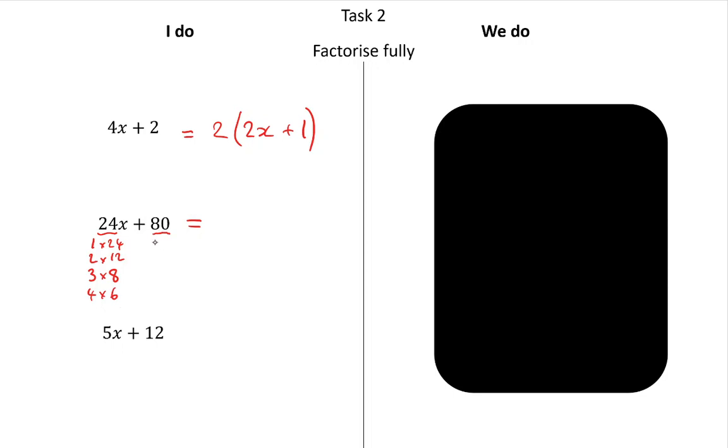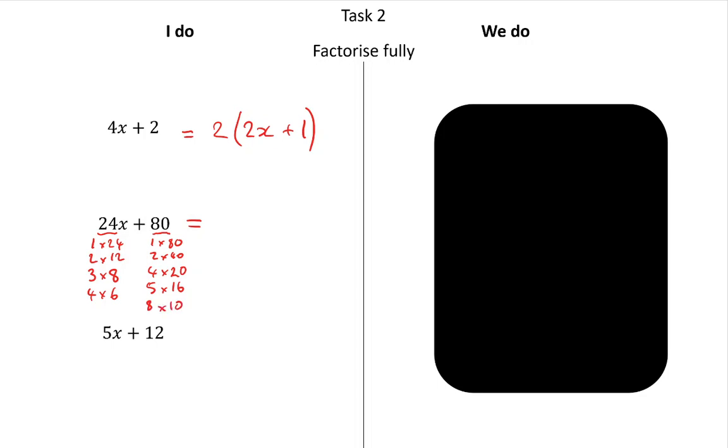And for 80, we've got 1 times 80, 2 times 40, 3 doesn't go into it, 4 does. It's 20 lots of 4, 5 does 16 times. What about 6? I don't think 6 is a factor of 80, and 8 obviously is 8 times 10.